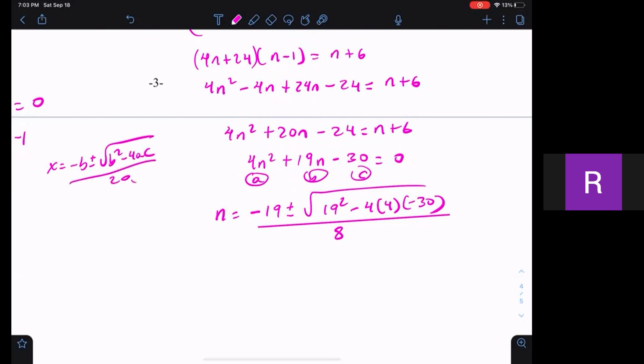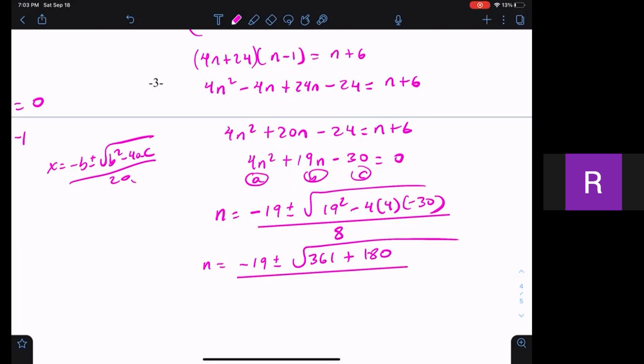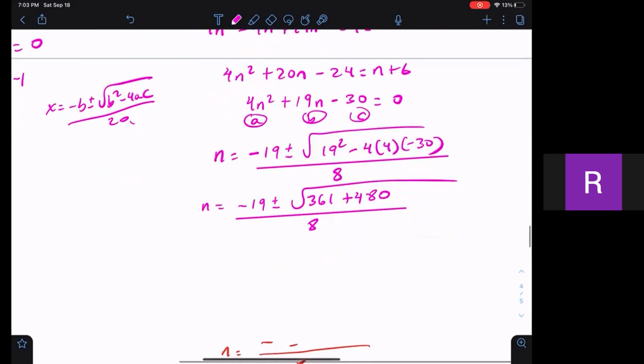Okay? And then you get n equals negative 19 plus or minus. This is going to be 361. Positive, negative, and positives are negative. Negative and negatives are positive. So this is going to be 16 times 30, which is 180, right? Yeah, 16 times 3. Actually, 16 times 30 is 480. Sorry, 480. This is 8.